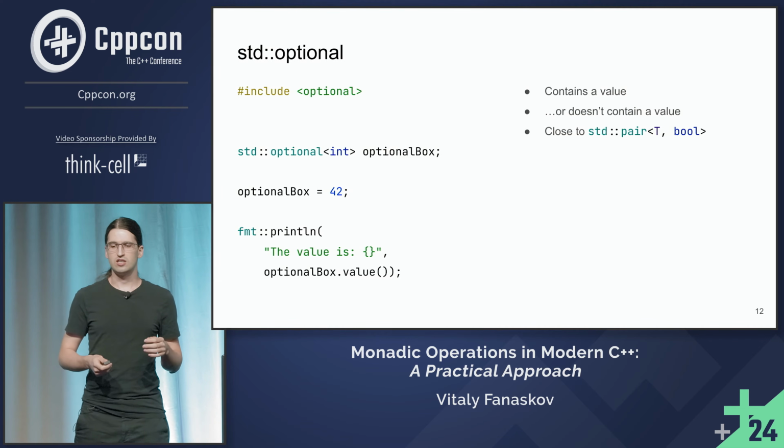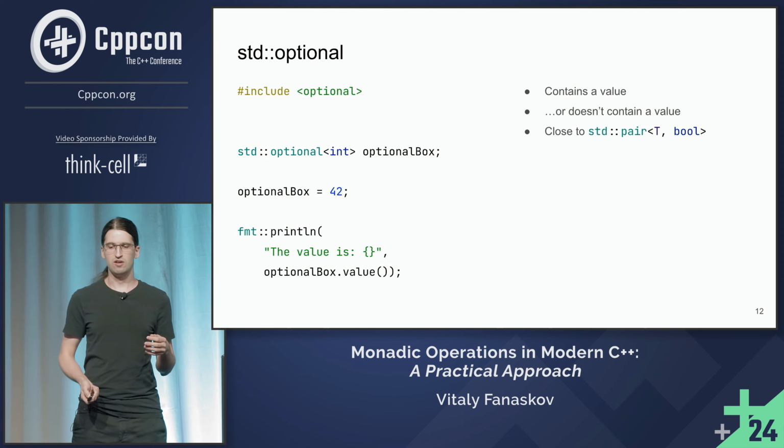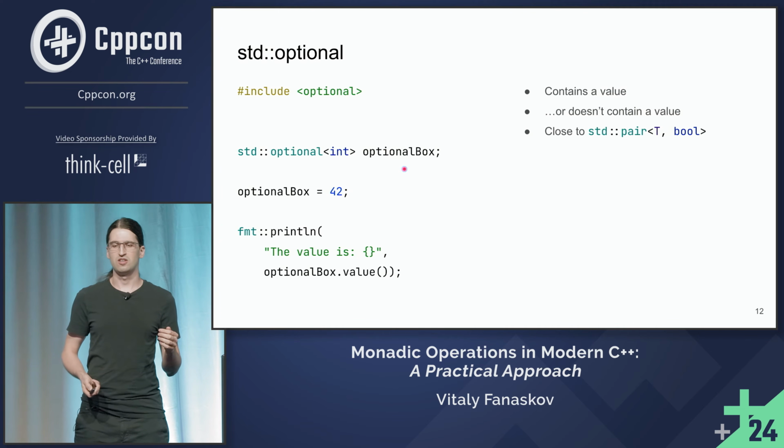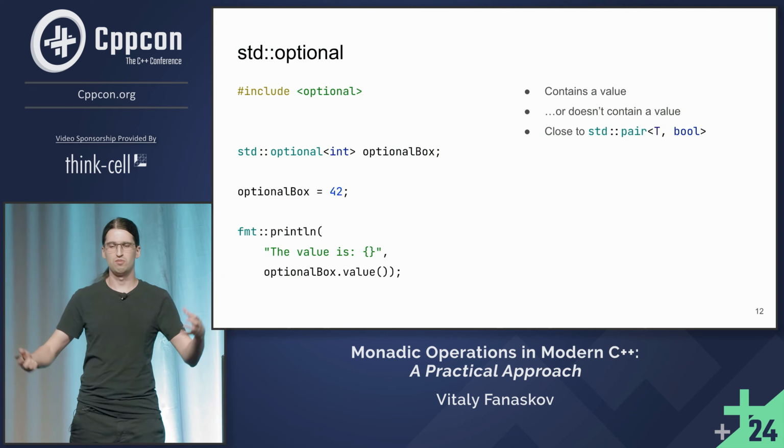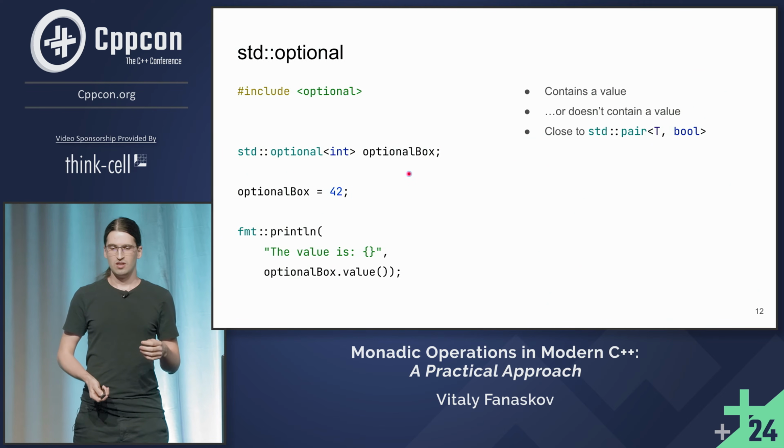And this can contain either a value or nothing. Here we have an optional box of int. I will be using this metaphor because for many reasons, it's super easy to visualize it as a box where you can put something and there will be something or nothing. And now we put in this box 42, and then we can extract this value from the box like this.